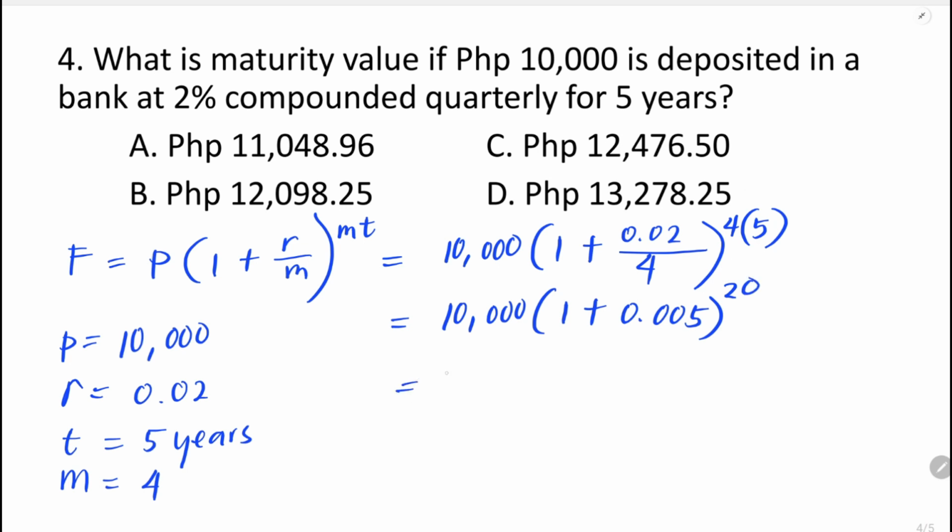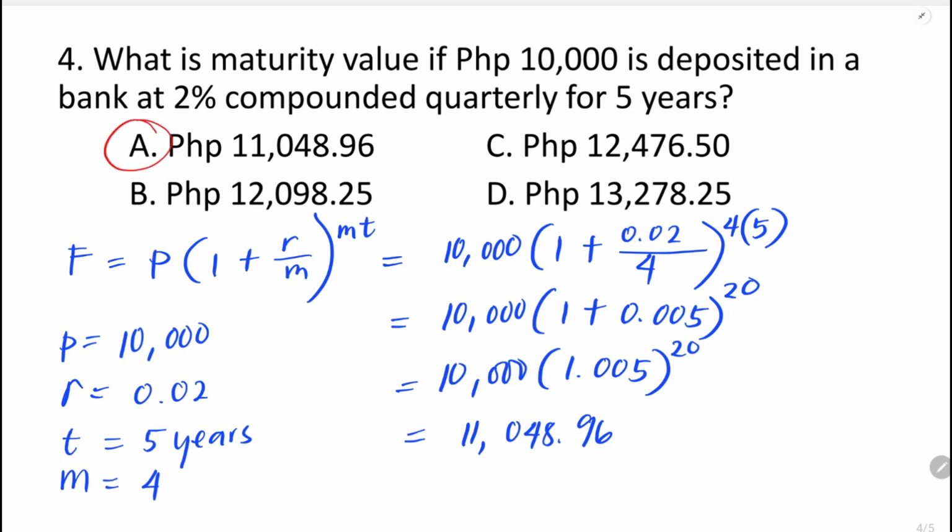So, unahin nyo muna ito, nasa loob, 1 plus 0.005, this is equivalent to 1.005 raised to 20. Then the product is 11,048.96. Our answer is letter A.